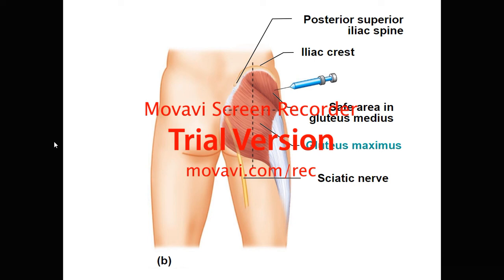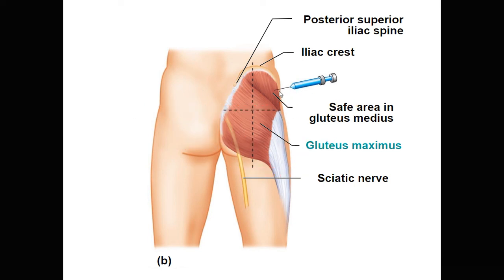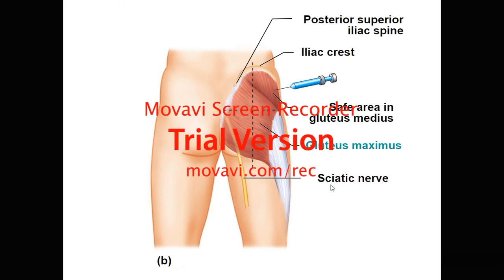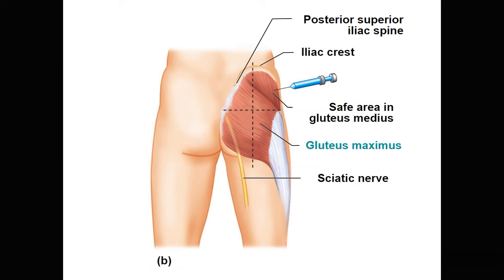So a safe area to inject is the gluteus medius. You see running back here through the gluteus maximus, you have the sciatic nerve, and anybody who's ever had back pain, a lot of times it stems from that sciatic nerve.